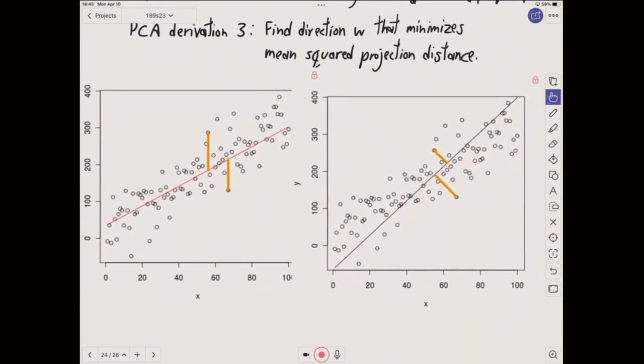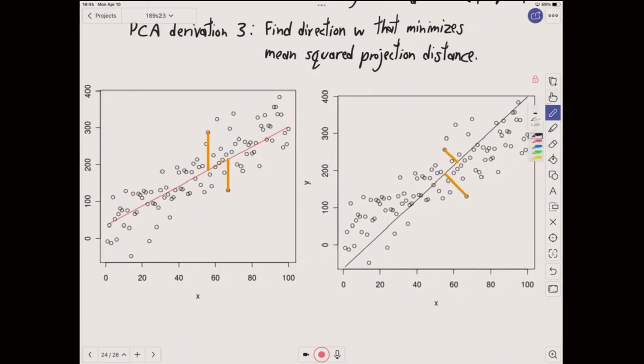On the left is least squares linear regression. On the right is PCA. Now, on the left-hand side, there is a special direction, the y direction, and we are trying to minimize the sum of the squares of the lengths of these error bars that pass in the y direction, the direction of the label.